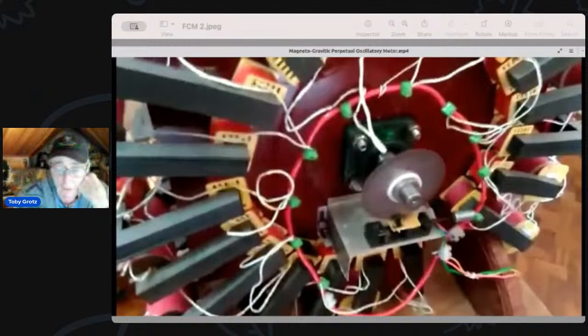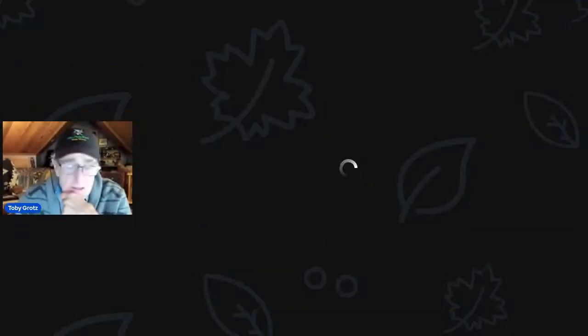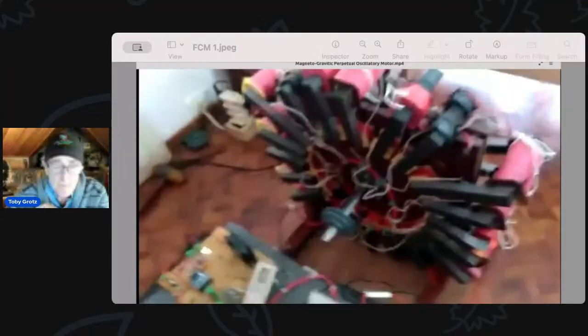I'll show you another close-up taken from another angle of the machine that we have. It's a little bit blurry, but it gives you another dimension. Okay, so there, that should be coming up now. Yeah, so that's the machine.